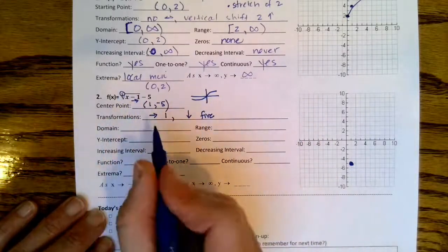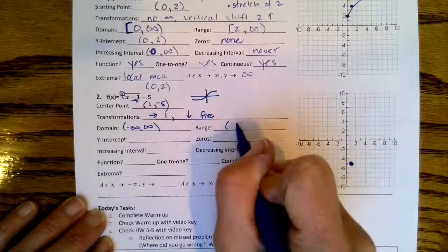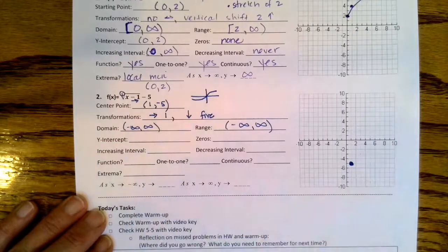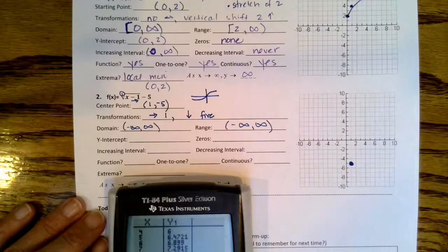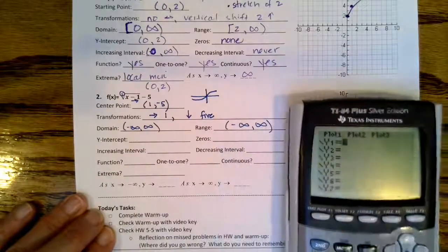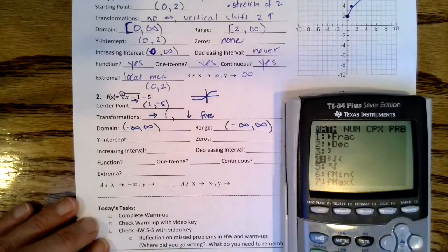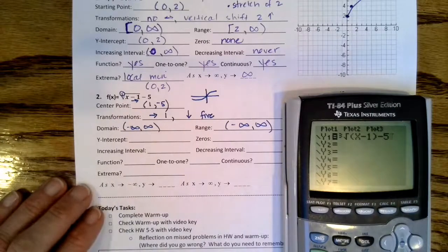My domain for a cube graph is going to be all real numbers, and my range is going to be also all real numbers. When we start looking at where the y-intercept or where it hits the 0, we can go ahead and graph it. So we'll go ahead and clear out our other one, and we'll put in our cube root. We go to the math menu, and we take the cube root of x minus 1 and close the parentheses, and then that minus 5 is outside of the parentheses.